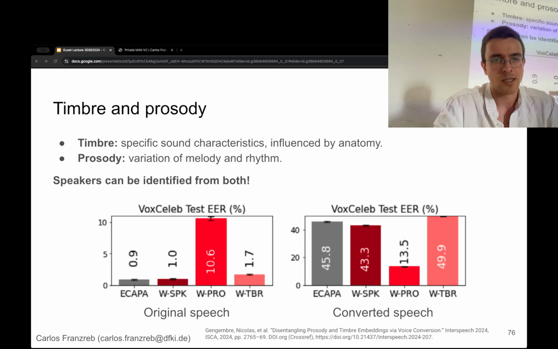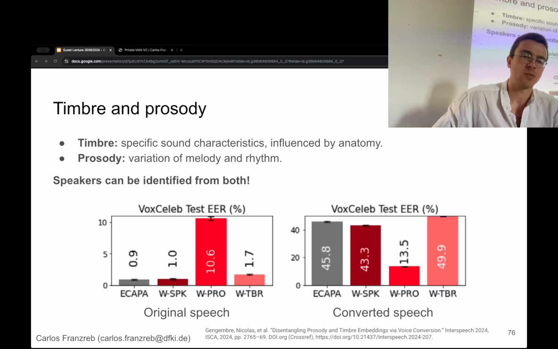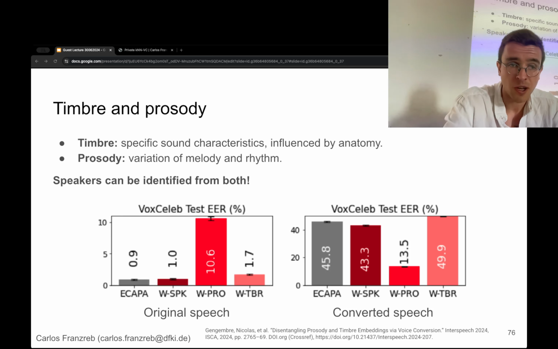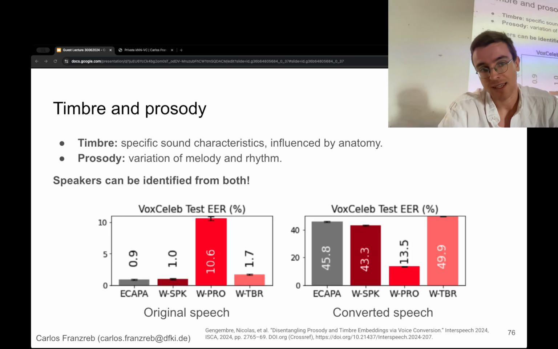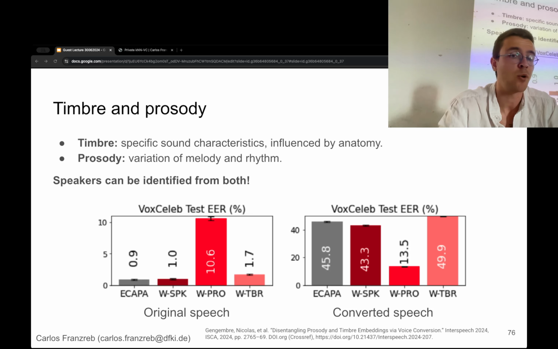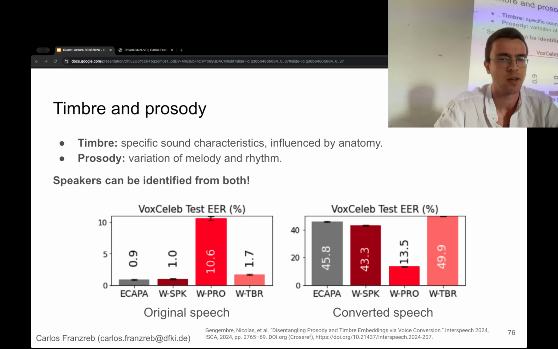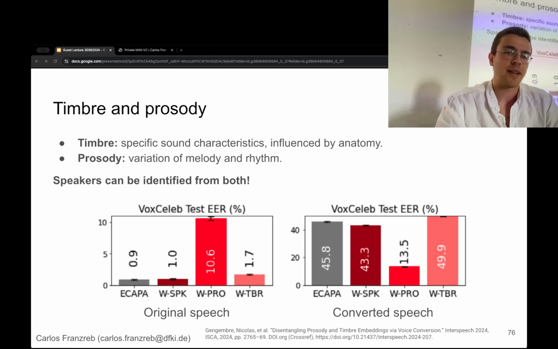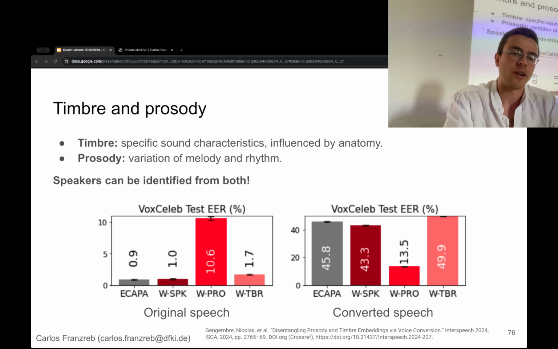Beside it is the speaker recognizer, which is another one, also very good. Next is the prosody recognizer, which achieves an equal error rate of 10, which is similar to the one of the voice conversion we were seeing before, which is pretty low, right? Not as low as the other one, which is like 1%, meaning that you can identify almost every speaker. And then at the rightmost bar in the left figure, you see the timbre recognizer, which is also extremely effective to identify original speakers, which makes sense again, right?